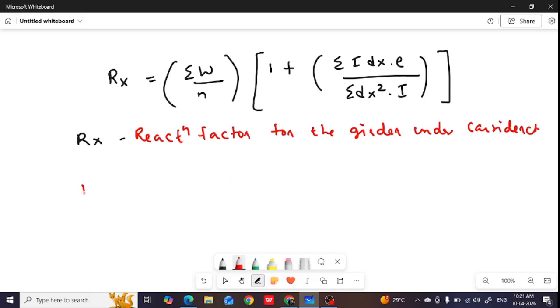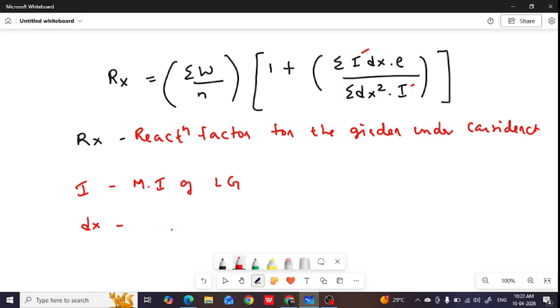Then you have I, the moment of inertia of longitudinal girders. Then you have dx. What is dx? Distance of the girder under consideration.